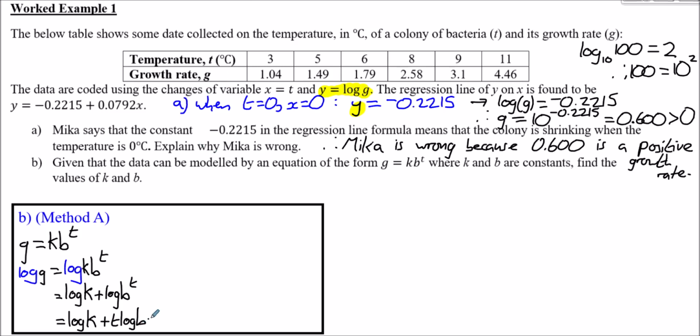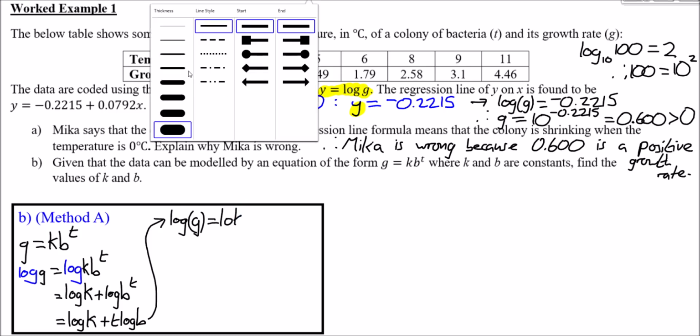So rearranging this and comparing it to this form here, we can clearly see that log g equals, put the constant thing first, because this constant thing is first in this equation. The constant here is k. K is a constant, so the log of k will also be a constant.